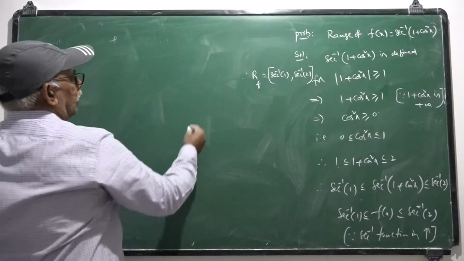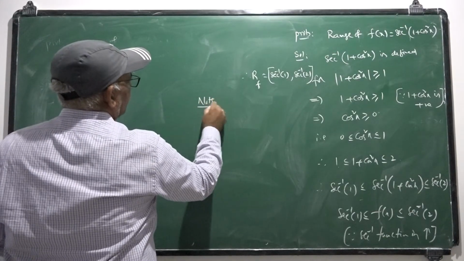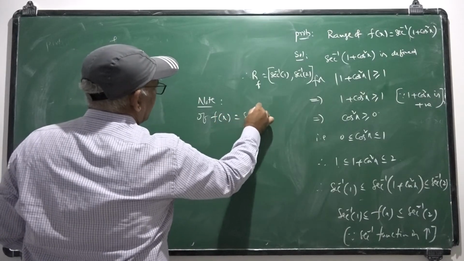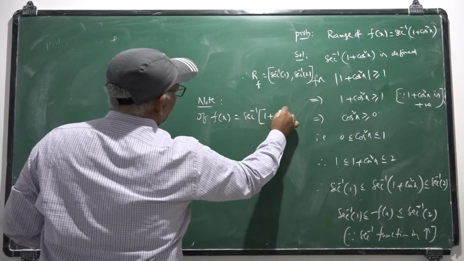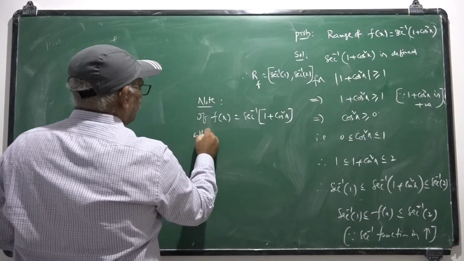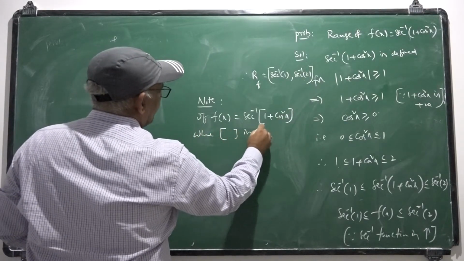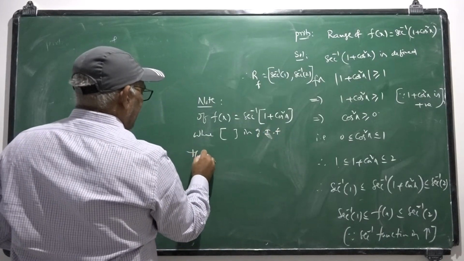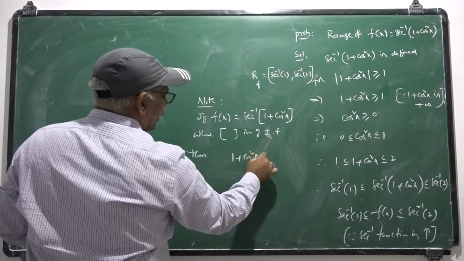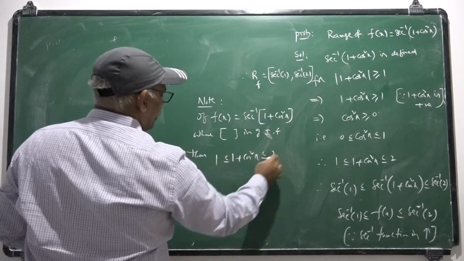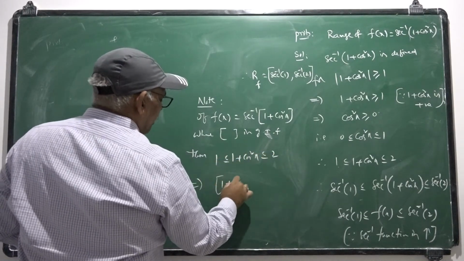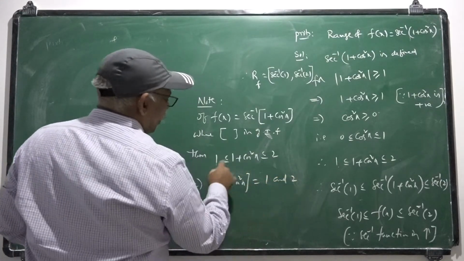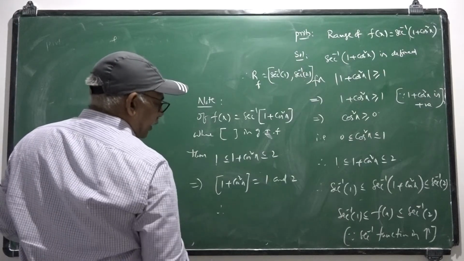Okay, let us take a note point. If f(x) equals, as given in examination, secant inverse of the step of 1 plus cos square x, where step is the greatest integer function, then 1 plus cos square x lies between 0 and 2, which implies the step of 1 plus cos square x takes only two integer values, 1 and 2.